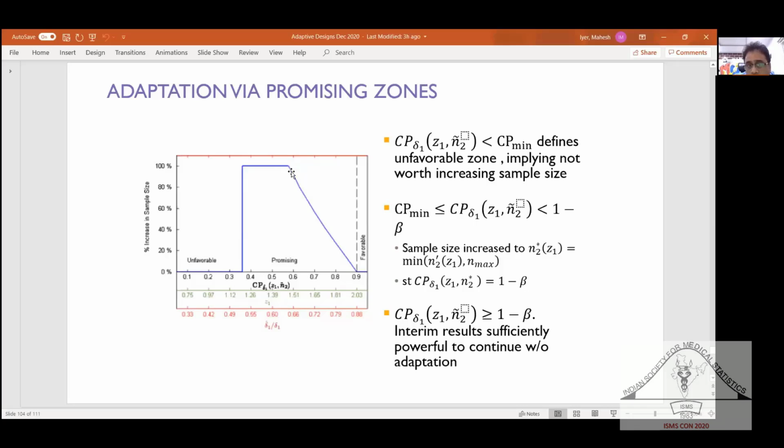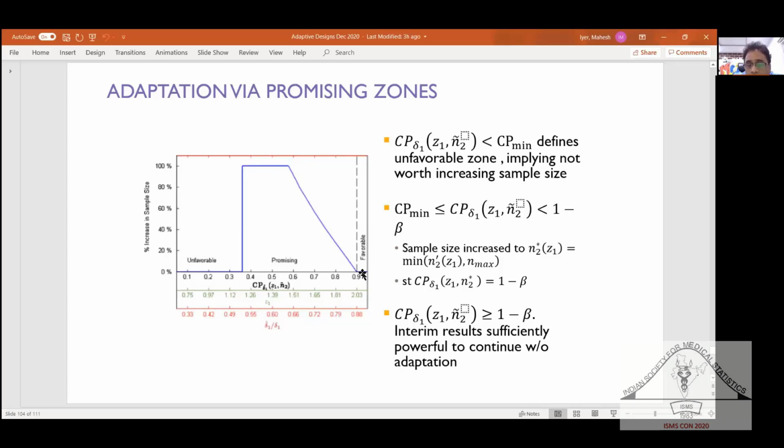Beyond 0.6, you actually don't need to double. You can reduce it along this sort of linear trend. Actually, it's not linear, it's a little curve, but you can reduce it by this much and you'll be fine. Now obviously, if your interim conditional power is already greater than 0.9, that means your trial is already well on its way to being successful, correct? So at that point, there is no point in increasing your sample size.